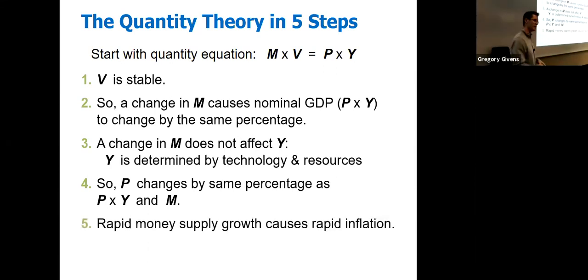The implication then here is that if the money supply grows rapidly over time, the price level should also grow rapidly over time. So the way we explain why countries have experienced unstable and rising inflation during some periods is because the money supply has also been unstable and has grown rapidly over those same periods.